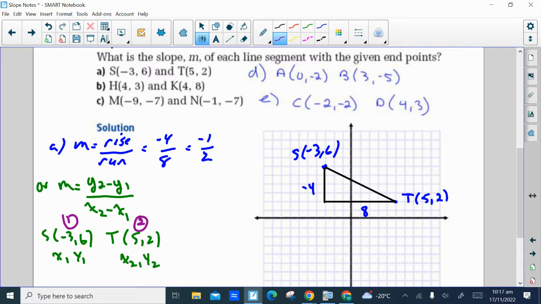If T is point 2, the 5 is the x value at point 2. The 2 is the y value at point 2. So y2 is +2 minus y1, which is +6, over x2, which is 5, minus x1, which is -3.